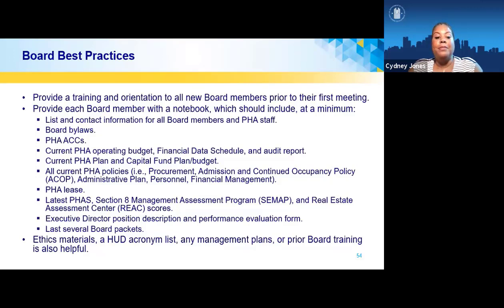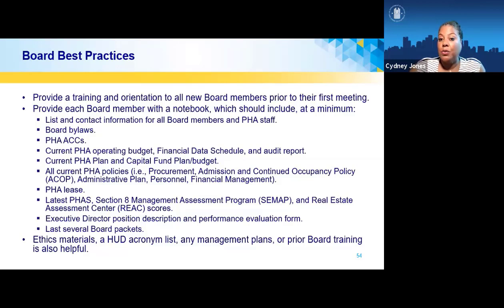Provide each board member with a notebook that includes, at a minimum, the name and contact information for all board members and key or executive PHA staff, the board bylaws, the Housing Authority's annual contributions contract, or ACC, the operating budget, financial data schedule, and any recent audit reports, the current PHA plan and capital plan budget. Also, all current PHA policies, right? The procurement policies, the ACOP, the admin plan, the personnel plan if needed.